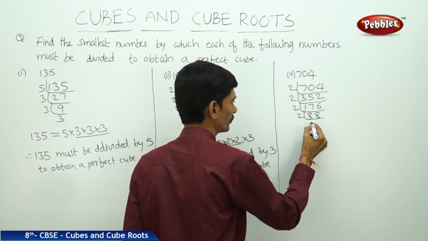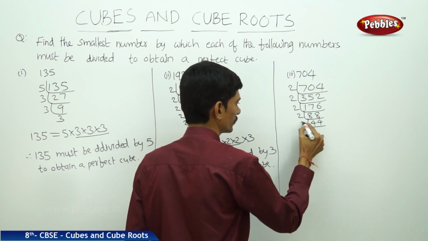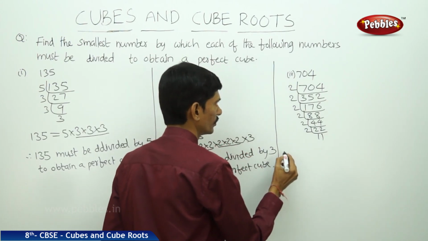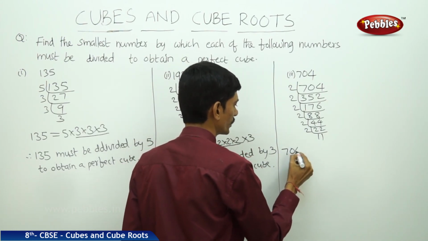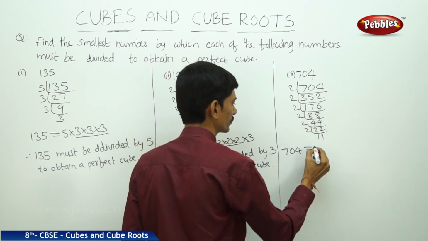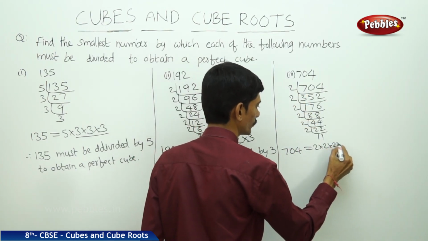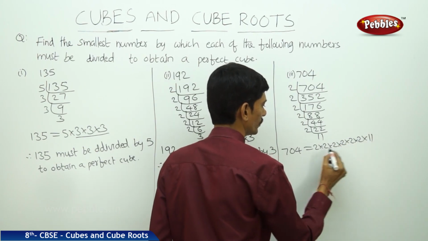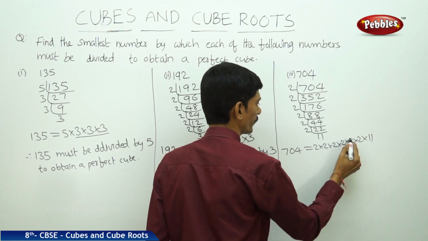Again the 2 table, two 44s, two 22s, two 11s are. Now 704 equals 1, 2, 3, 4, 5, 6 twos: 2 into 2 into 2 into 2 into 2 into 2 into 11.